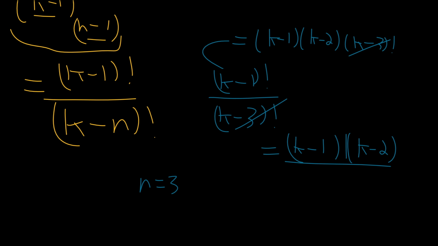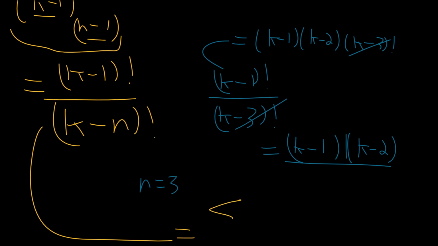But basically, one way we can rewrite this falling factorial, because of this cancellation, is as a polynomial whose coefficients are the Stirling numbers.